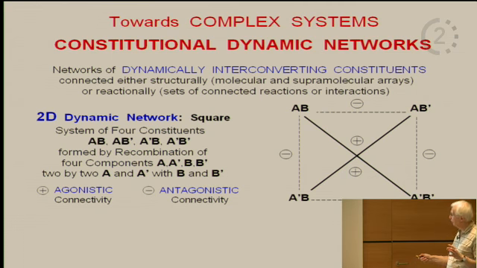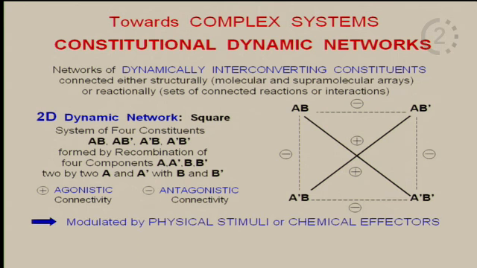AB shares A with AB prime and shares B with A prime B. These are antagonists. They work one against the other. If AB increases, the other ones will decrease. However, AB on the diagonals with A prime B prime, they have no common component. A prime B and AB prime have no common component. These are agonists. If this changes in one way, that will change in the same way.